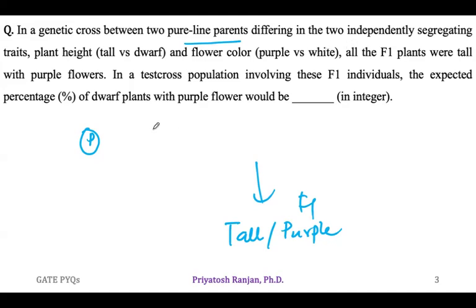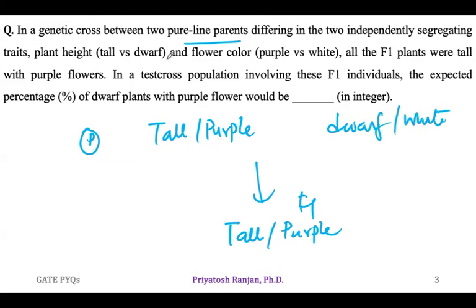So you can consider one parent as a tall plant producing purple color flower and the other one being dwarf and producing white color flower. And as I said, since these are pure lines, we need to consider homozygous.